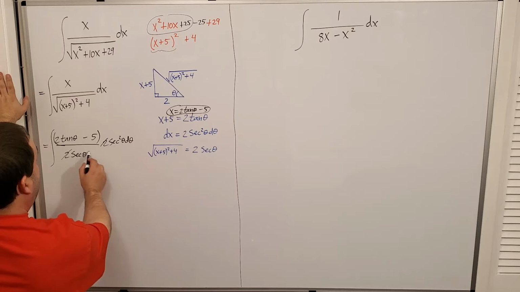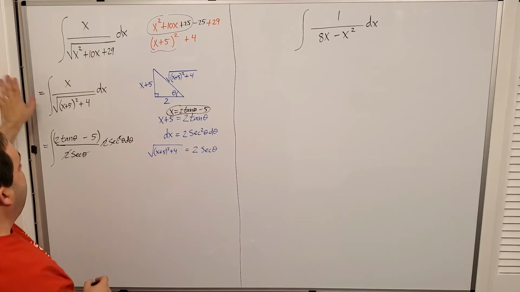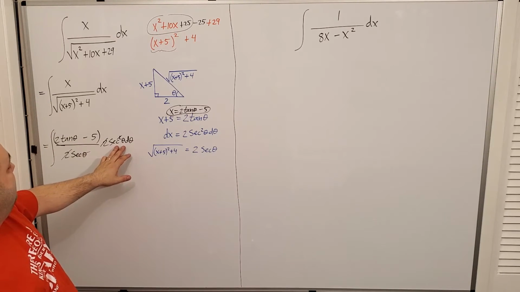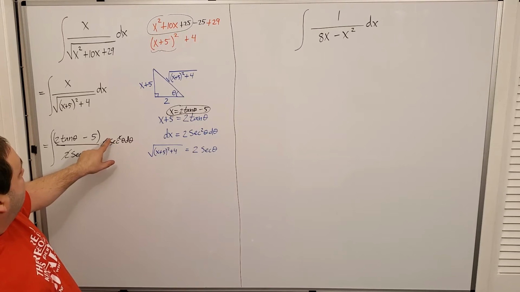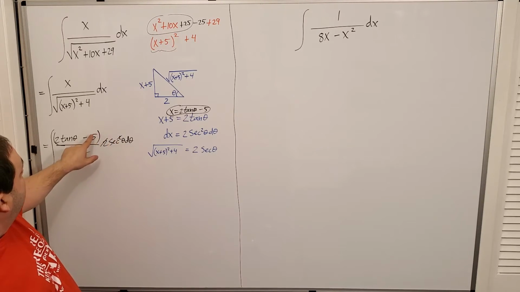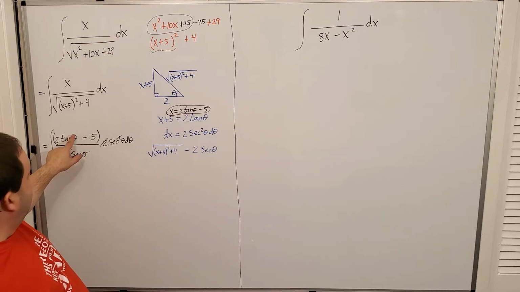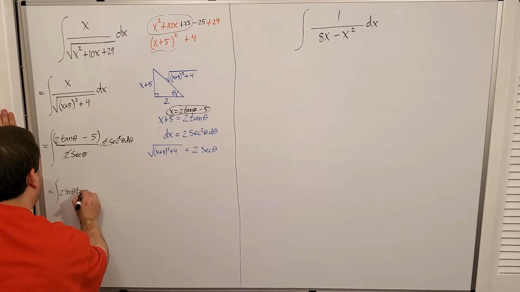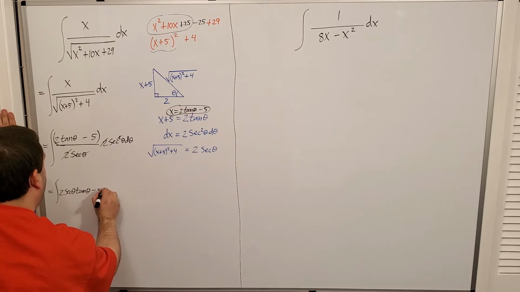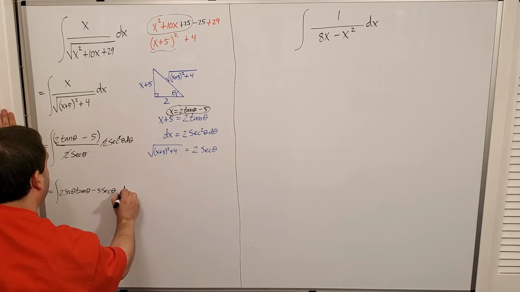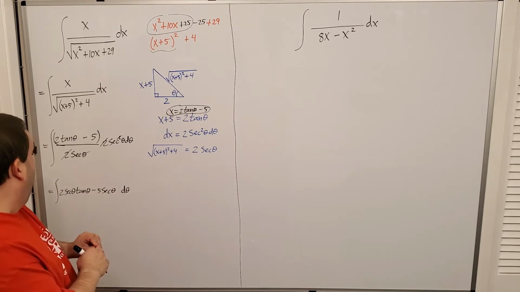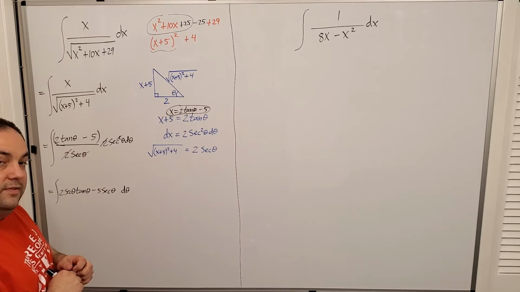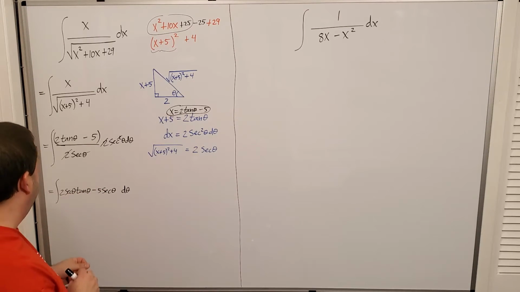My secant theta here is going to take away one of these, so I'm just left with a secant theta. I'm going to take this secant theta and distribute it into these parentheses here, so that what I've got is the integral of 2 secant theta tangent theta minus 5 secant theta, both of which are antiderivatives that I can easily kick out, right?